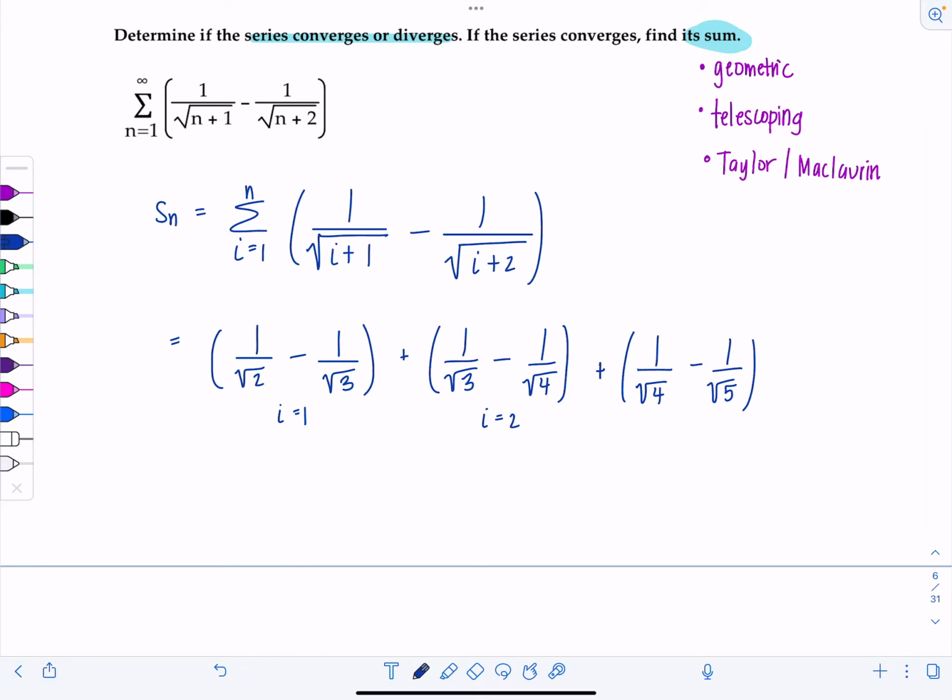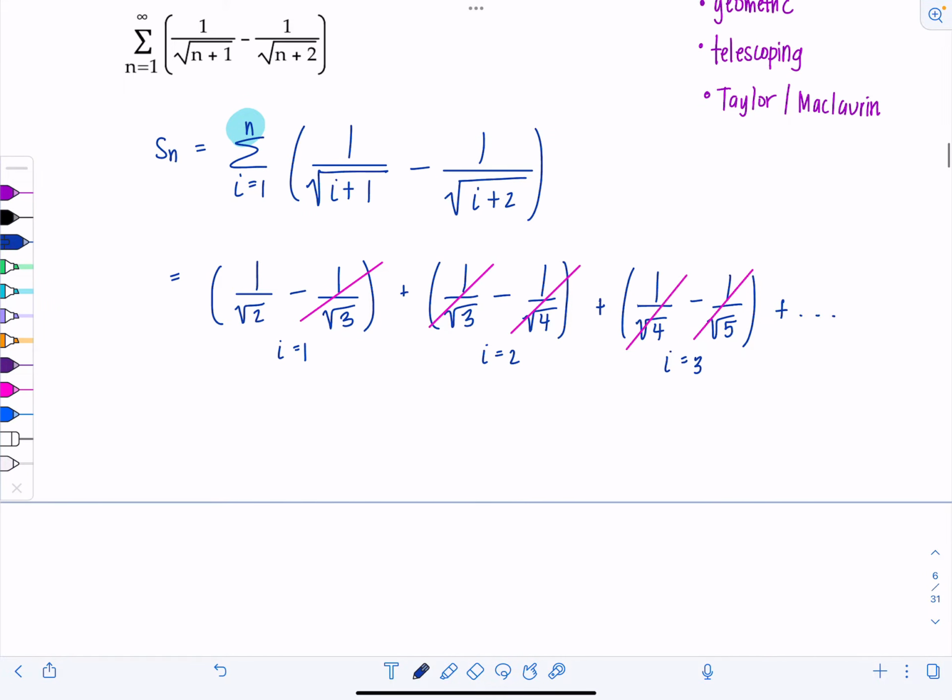Do you see a pattern? I feel pretty confident. These terms cancel. These terms cancel. I know the 1 over radical 5 is going to cancel with the next term. So I'm just going to put dot, dot, dot. And then the last term is going to be the nth term. It would be 1 over radical n plus 1 minus 1 over radical n plus 2. That's for i equals n.